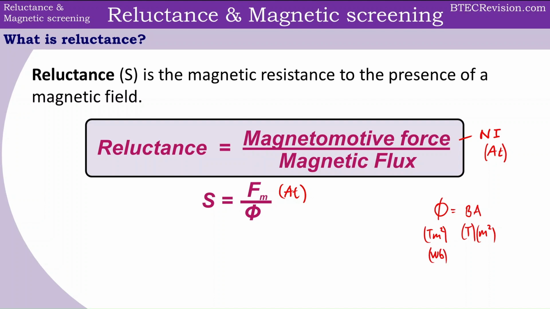Therefore, we can write Webers for magnetic flux. Therefore, the unit for reluctance is AT per Weber. And it also has a special unit called the inverse Henry. This is equal to H to the power of -1, where H stands for Henry.